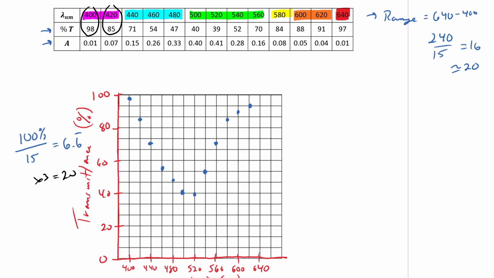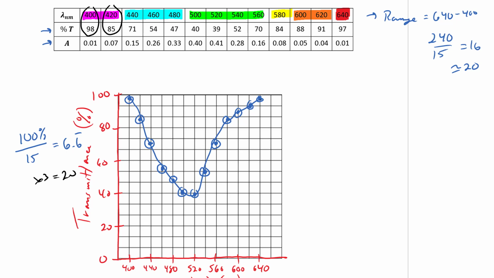And finally, 640 and 97. Put some circles around that, and we connect it with a nice smooth curve, something like that. So this is my percent transmittance.